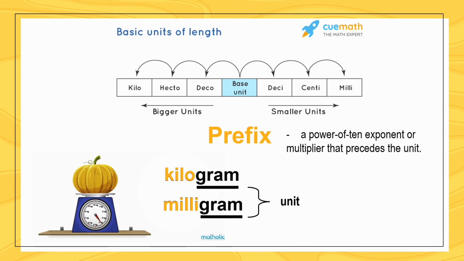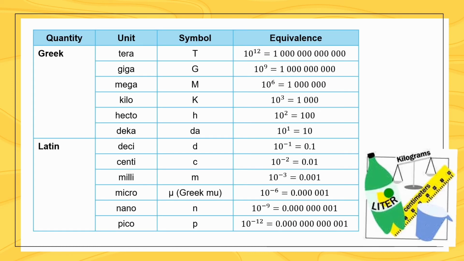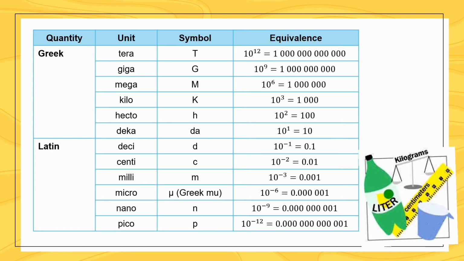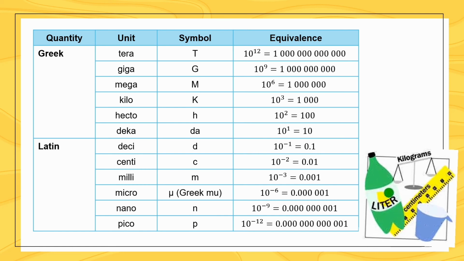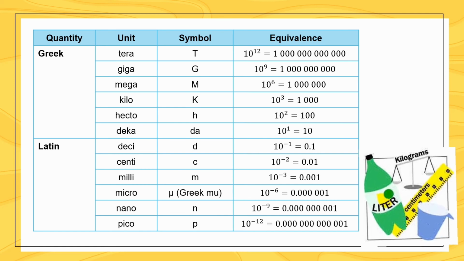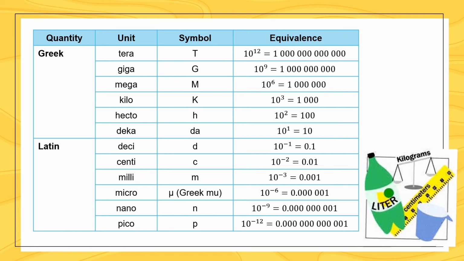The table shows the Greek and Latin prefixes that are most frequently used in the metric system. We have the Greek, and here are the prefixes. We have tera, giga, mega, kilo, hecto, deca. And on this last column, we have the equivalents of these prefixes.